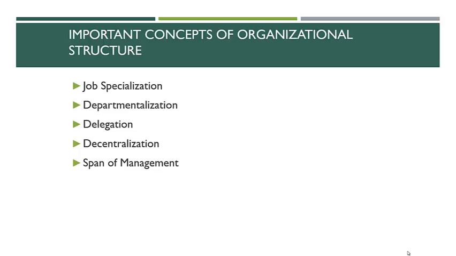That's simple to see. Also under job specialization are your maintenance people, your custodial staff, your administrative assistance staff, your paras, your cafeteria workers. All of these people have their job specializations.